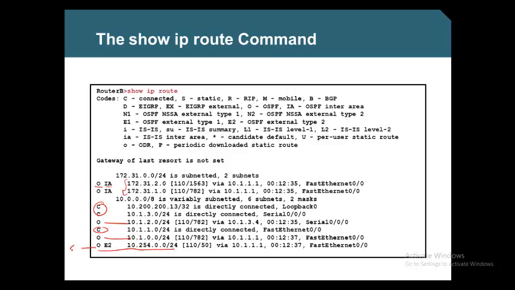These two, type 3 brings it. This and this, who brings it? Type 1 and type 2. Type 1 and 2 is what? O, within the same area. They don't cross the border. Type 3, summary LSA, comes from another area. Type 5, external autonomous system LSA, comes from another autonomous system.